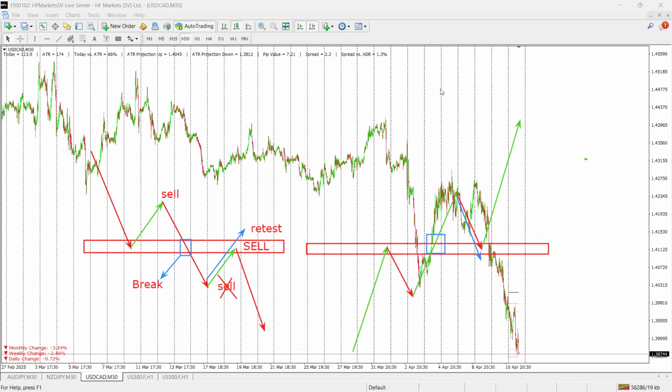So this is where your buy will come in. This is a retest. And this is the break.